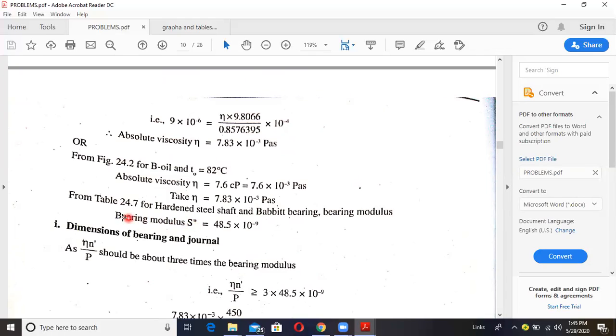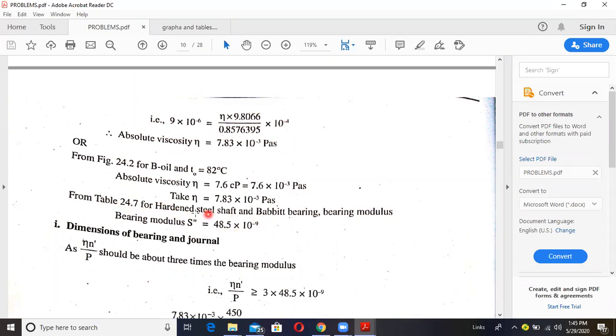From table 24.7, for hardened steel shaft and Babbitt bearing, the bearing modulus S double dash, always represented by S double dash, is equal to 48.5 into 10 to the power of minus 9.